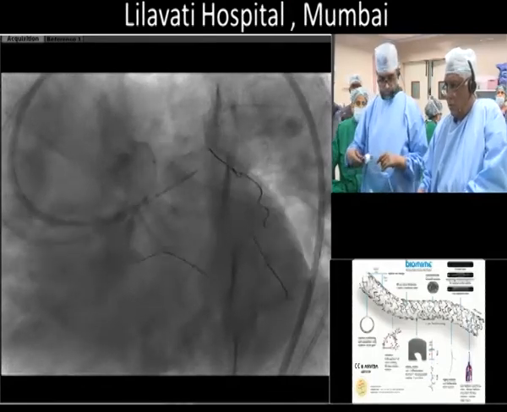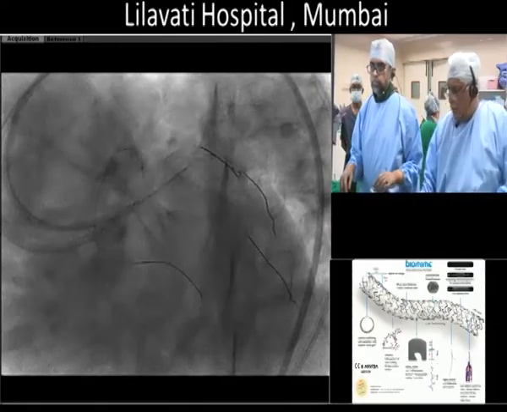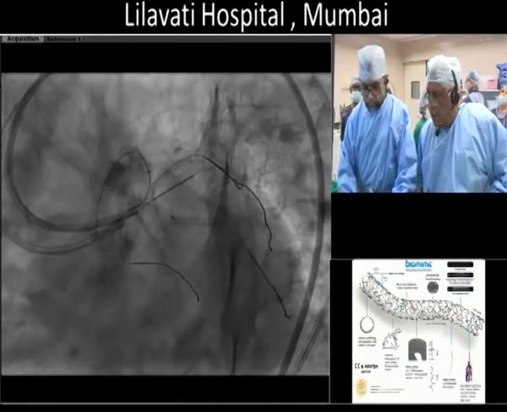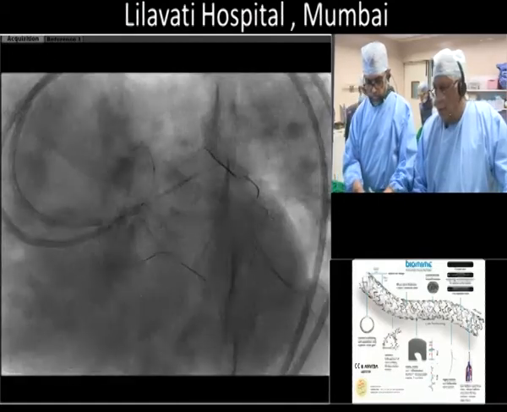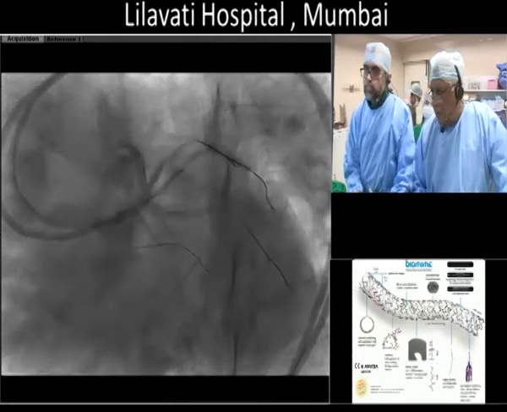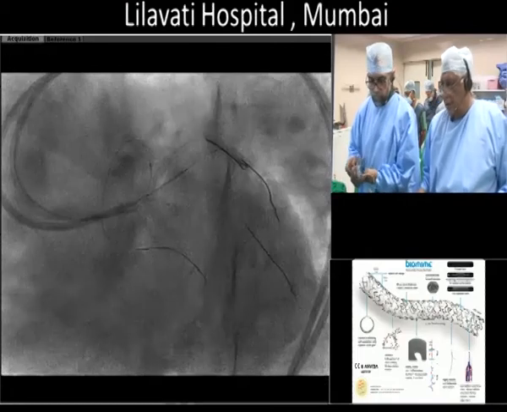There it goes. He's manipulating both guides as he needs to, and at the same time not closing off the left main. And you could see, because of the stent outline, beautifully where the ostium is. Okay, go ahead. Go ahead with the stent.